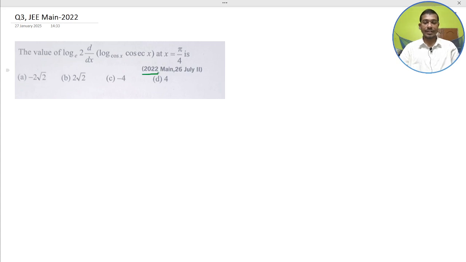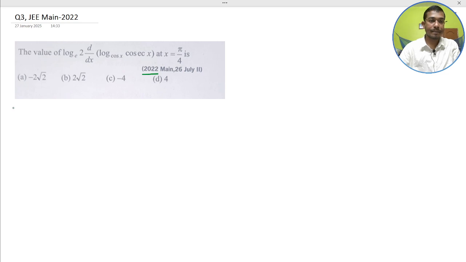JEE Main recent type questions 2022. It says that the value of log 2 d/dx of log cosec x with base cos x at x equal to pi by 4 is equal to what? Just do a derivative of this function at the point pi by 4.